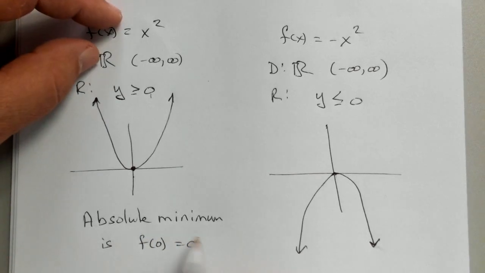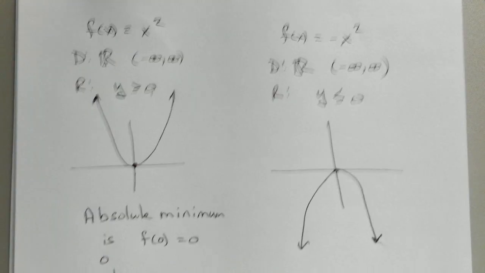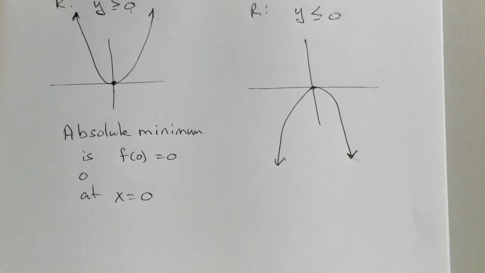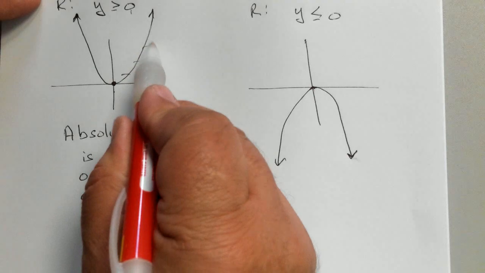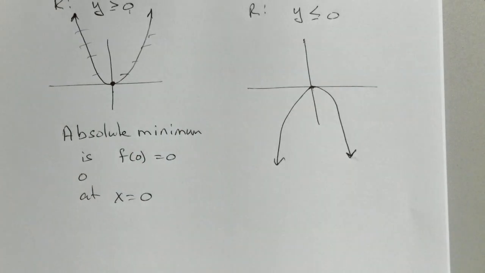So the absolute minimum is 0 at x equals 0. Because all other f of x's in the domain, which is all real numbers, will give you a value higher than that.